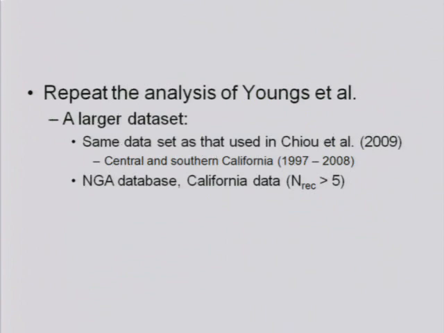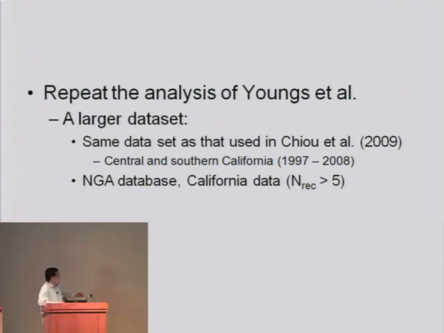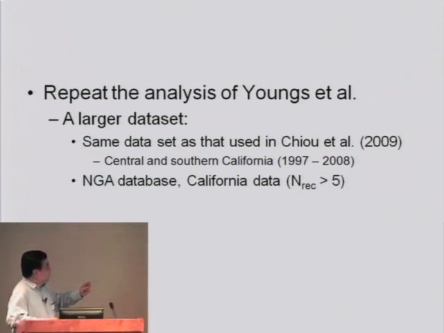So to repeat the analysis, I put together a data set that's much larger than what Youngs et al. used in 1995. And that data set is the same as the one that was used in Chiou et al. 2010. It will be published in 2010. In that data set, there are more than 10,000 PGA data recorded in both Central and Southern California between 1997 and 2008.